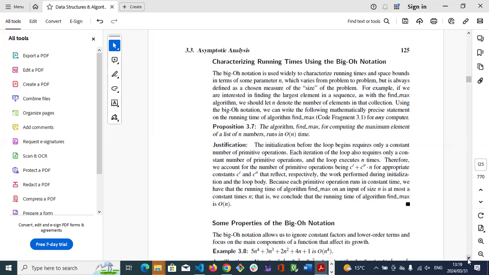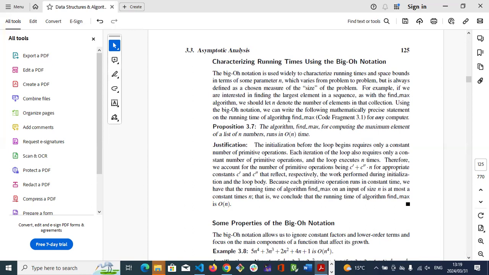Characterizing running time using the Big O notation. The Big O notation is used widely to characterize running time and space bounds in terms of some parameter n, which varies from problem to problem, but is always defined as a chosen measure of the size of the problem. For example, if we are interested in finding the largest element in a sequence, as we did with the find maximum algorithm, we should let n denote the number of elements in that collection.